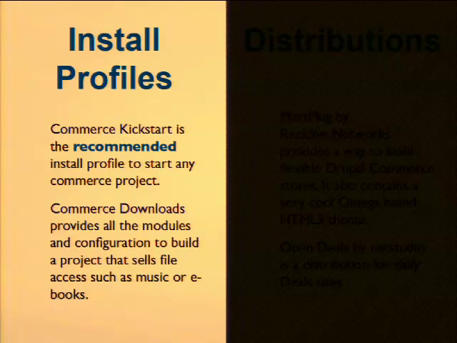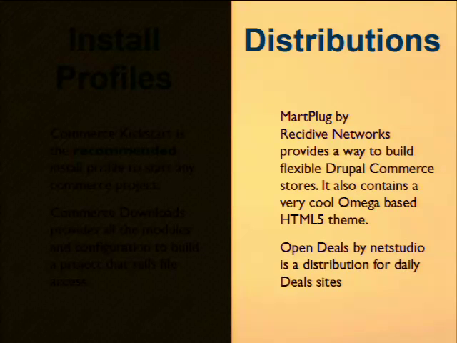So if you're interested in what will get into Commerce Kickstart 2.0, you should go to the BoF. And Commerce Downloads is a ready-prepared install profile to sell files such as ebooks or music. And there are a couple of already existing distributions. There will be many more in the future.